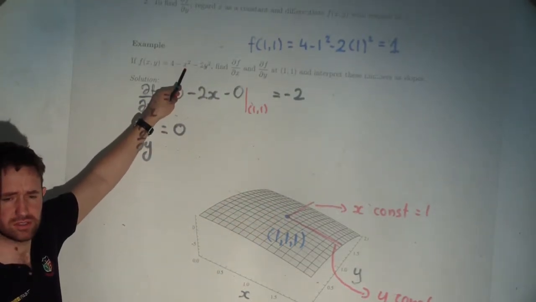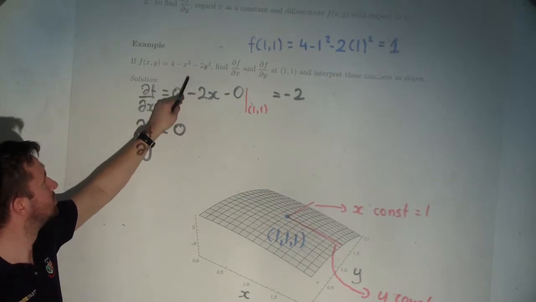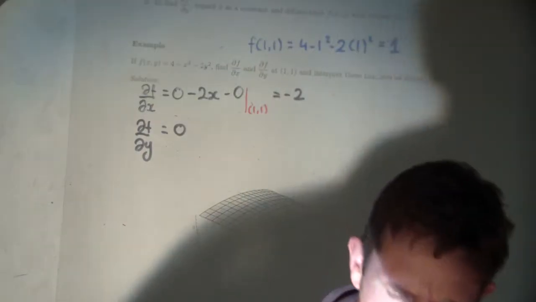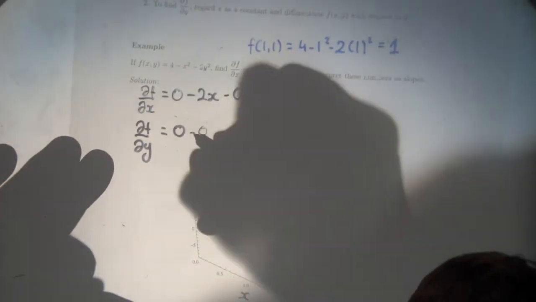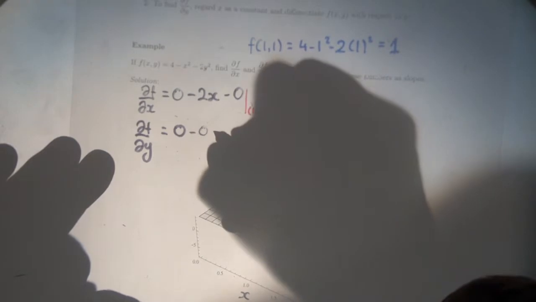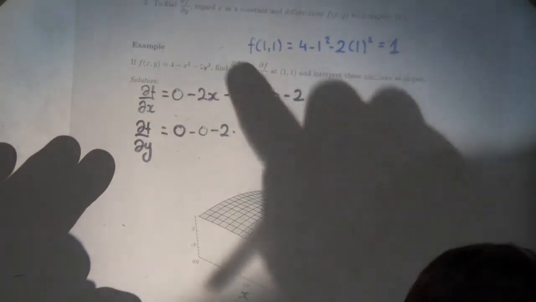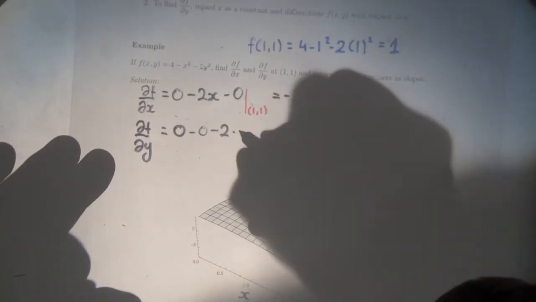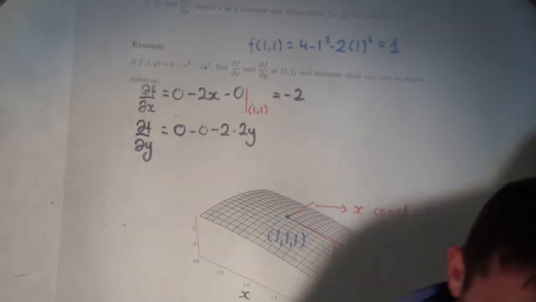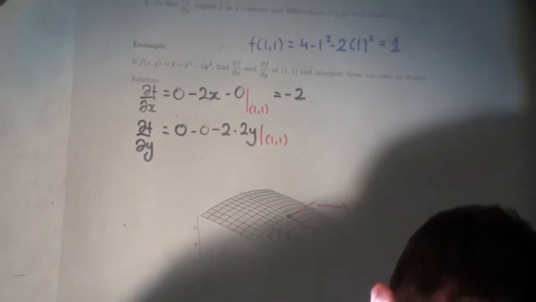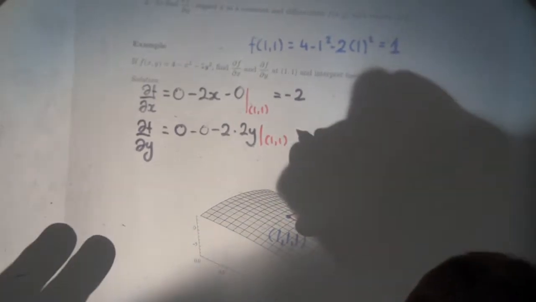What's the derivative of minus 1? 0. So with respect to y, x is a constant, so this is just minus 0. What's the constant in the third term? Minus 2. So you fix that. And the derivative of y squared with respect to y? 2y. So that's minus 4y, which we evaluate at 1, 1. We'll get minus 4 by 1, we'll get minus 4.